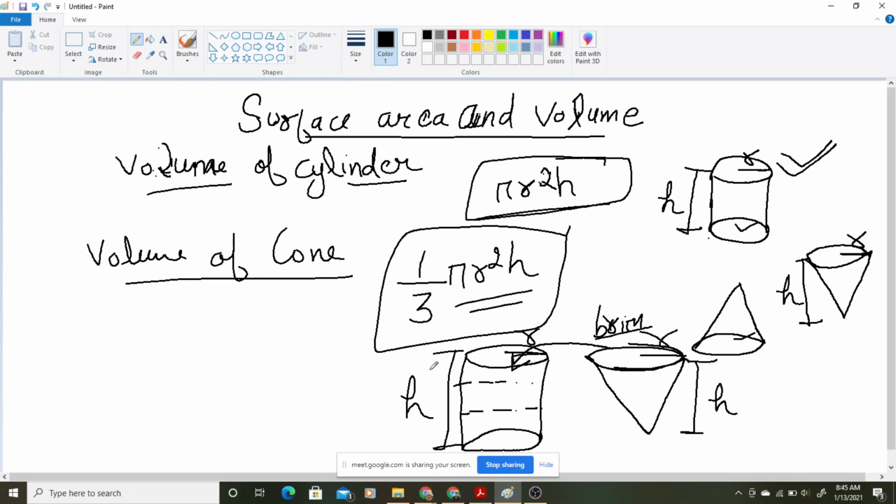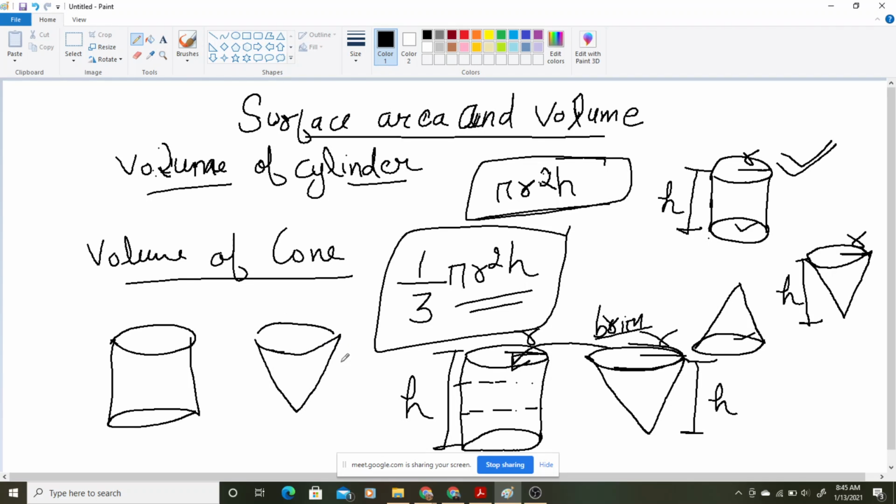You can use any material, like paper. Folding a paper, you can form a cylinder like this. Then form a cone with the same radius. Then fill some sand inside the cone up to the brim, meaning up to the edge. Then empty it here, then a second time, then a third time. You will see when you empty the cone 3 times inside this cylinder, it will be completely filled up to the brim.